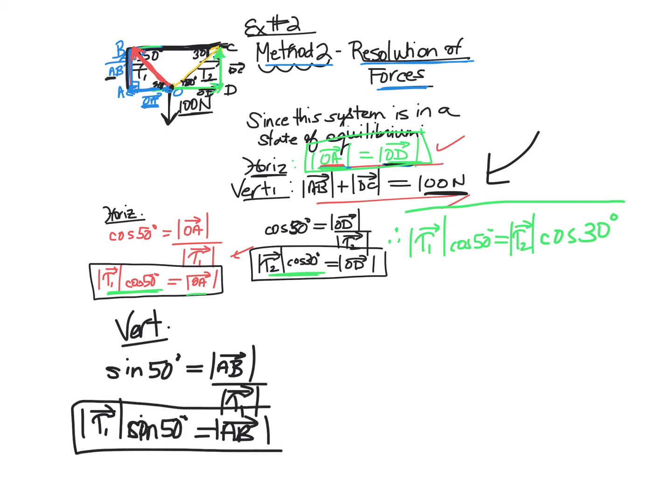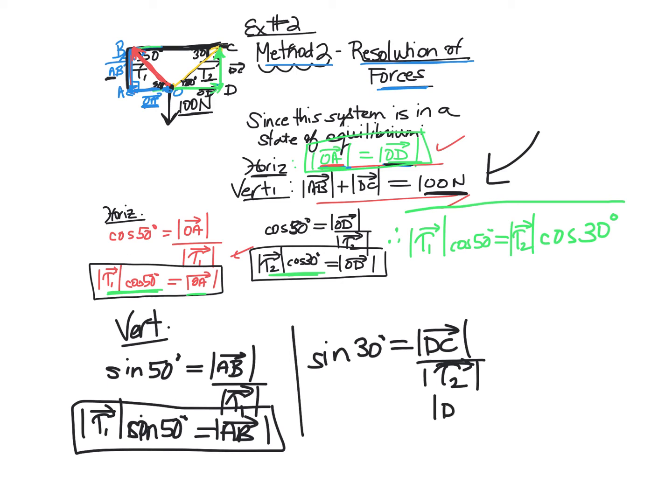Keep this aside and do the same thing for the magnitude of the other vertical vector. So now I'm in the green triangle. I can use sine again and say that the sine of 30 degrees this time equals the magnitude of the DC vector divided by the magnitude of the tension in string 2. So the magnitude of the DC vector equals the magnitude of tension 2 times sine 30.